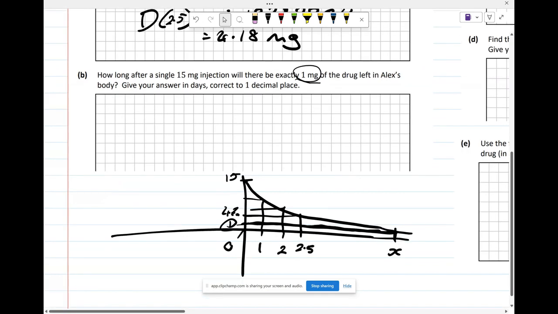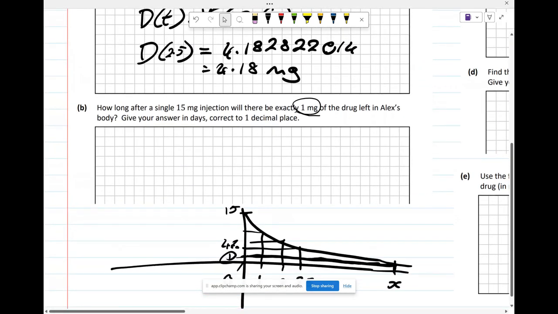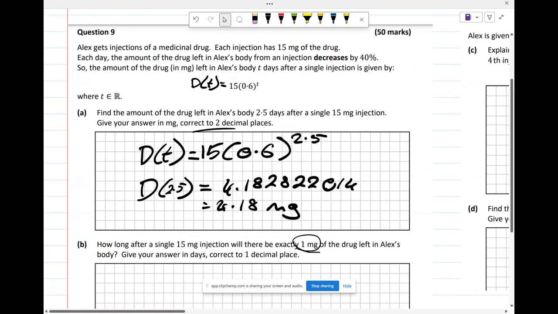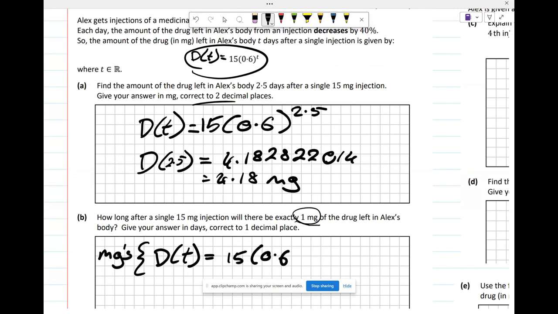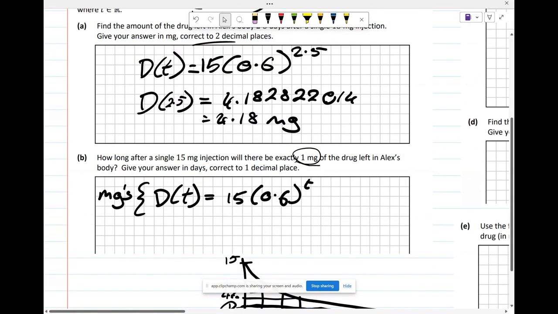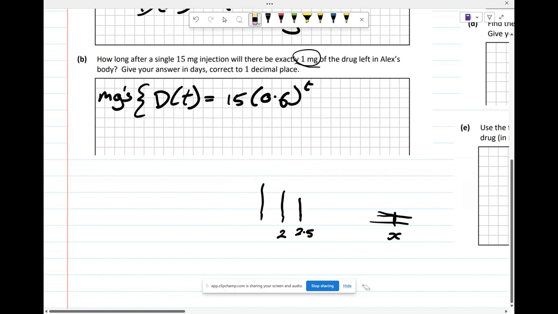So if you think back to the question we were doing about phone sales, if you remember that, we found the inverse function of the phone sales. So if this is our function for milligrams left in the body, on this side we have milligrams, and on this side we have time. Now we want to swap that around so that we find the time from the milligrams. And so let's do that.